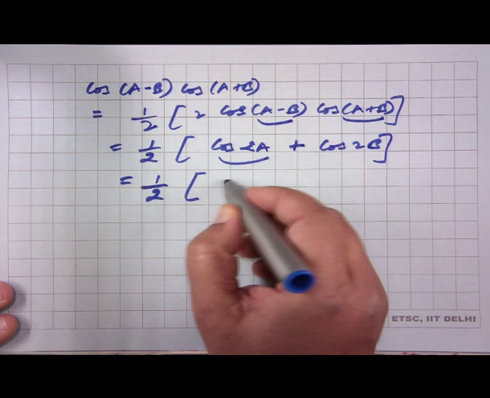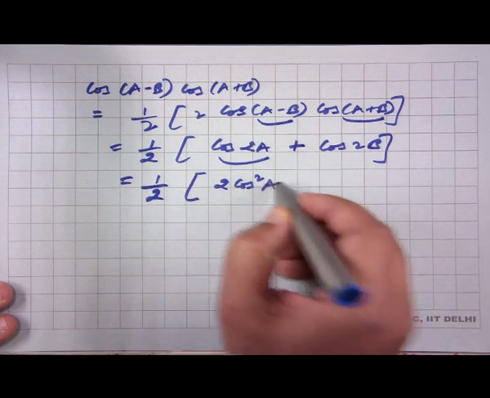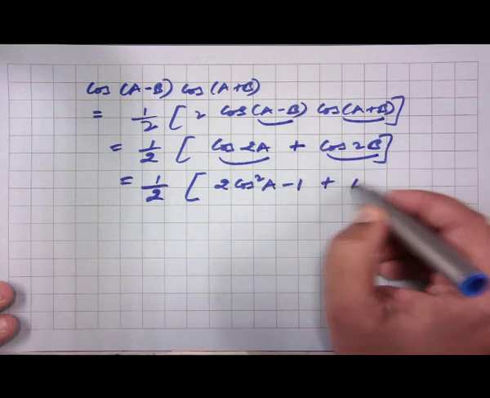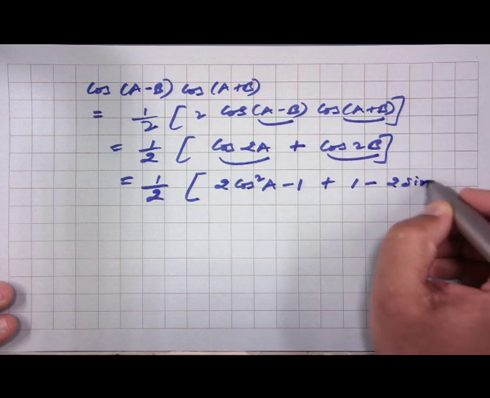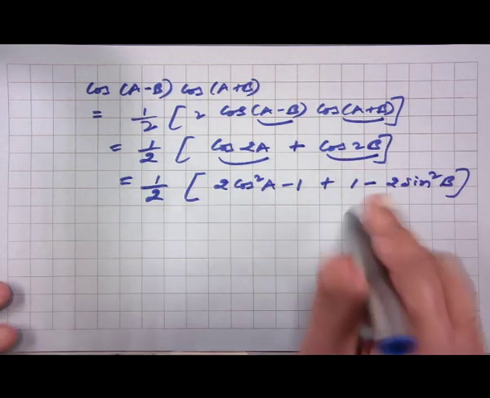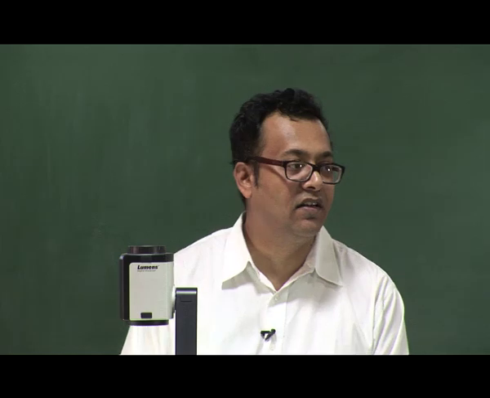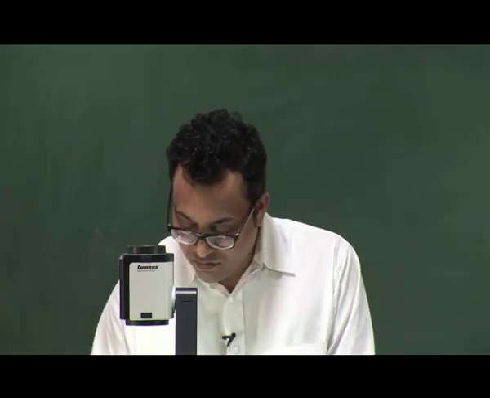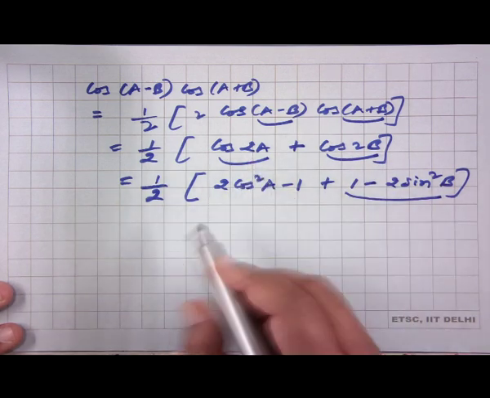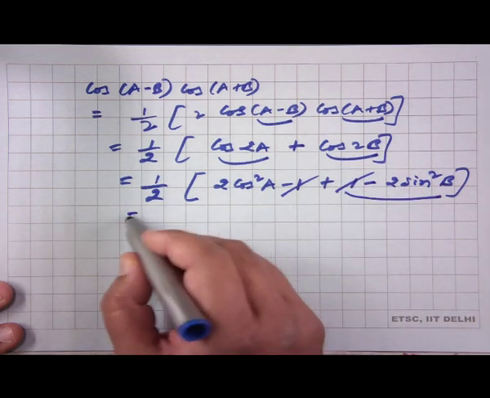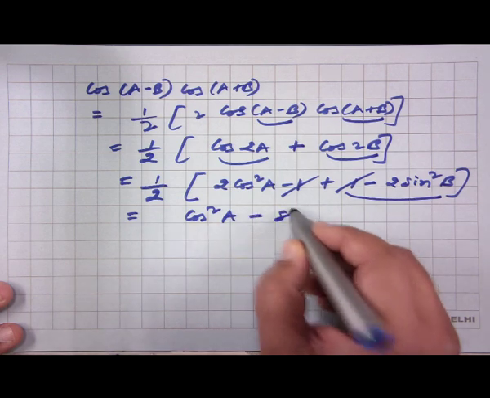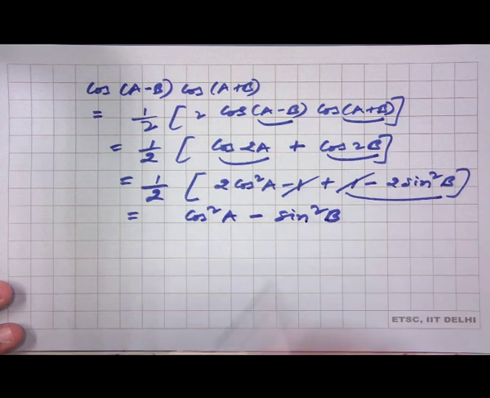Cos 2a is 2 cos square a minus 1, plus cos 2b can be written as 1 minus 2 sin square b. The reason why I wrote it in terms of sin b is because I wanted this minus 1 and plus 1 to get cancelled. So that is why I chose this form for cos 2b and this form for cos 2a. So this becomes equal to cos square a minus sin square b.